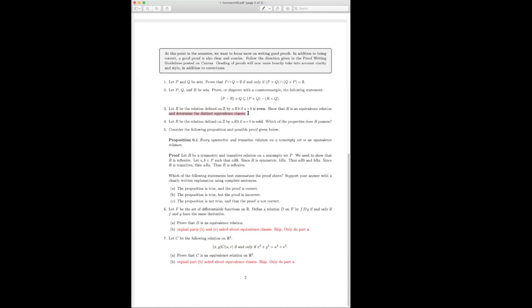Okay, so let's try a couple of others, 6 and 7, which are also working with power sets. So 6 is using the same X as 5 was using.